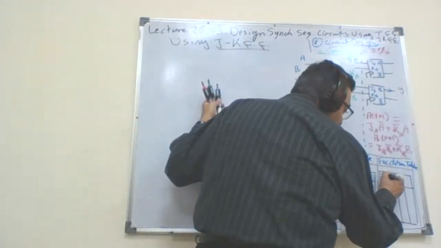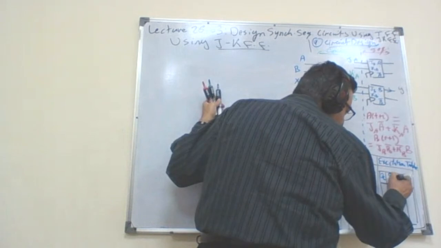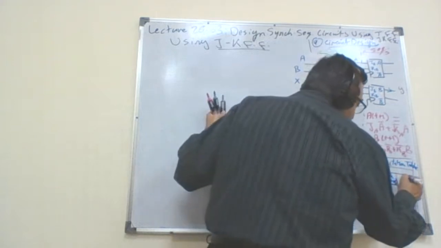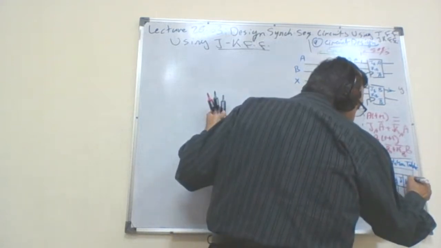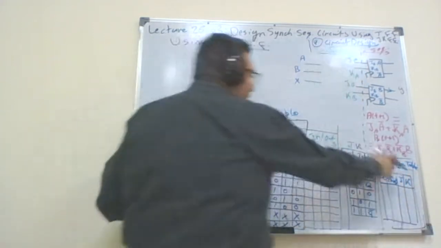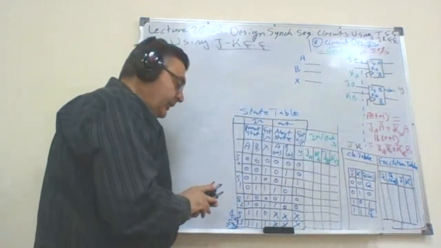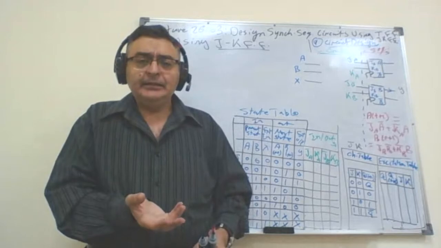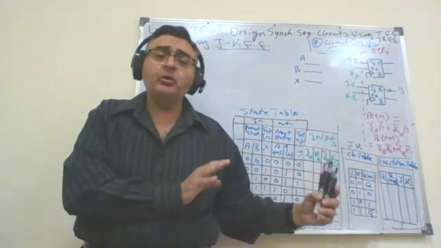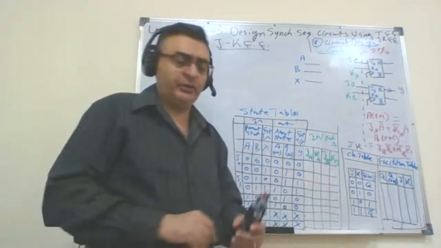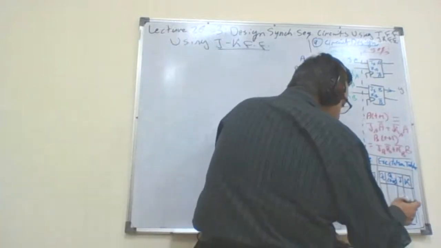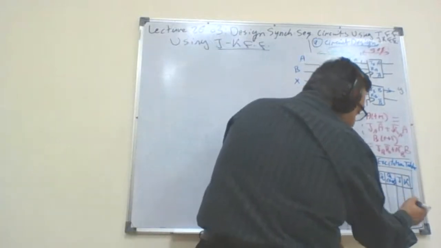In the input side, it shows Q and the Q of T plus 1. And in the output side of the excitation table, I should derive J and K. So it is the opposite of this. Okay? That's why it's called excitation. How can I excite the J and K to give me some combination of the Q and the Q of T plus 1? Right. This table should also show me 4 different options.